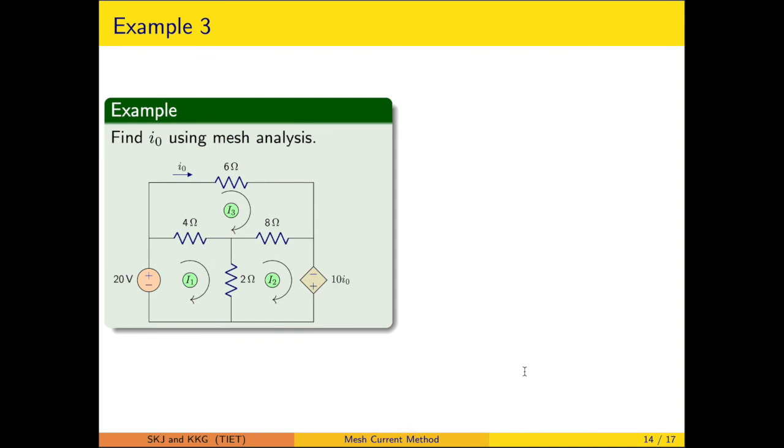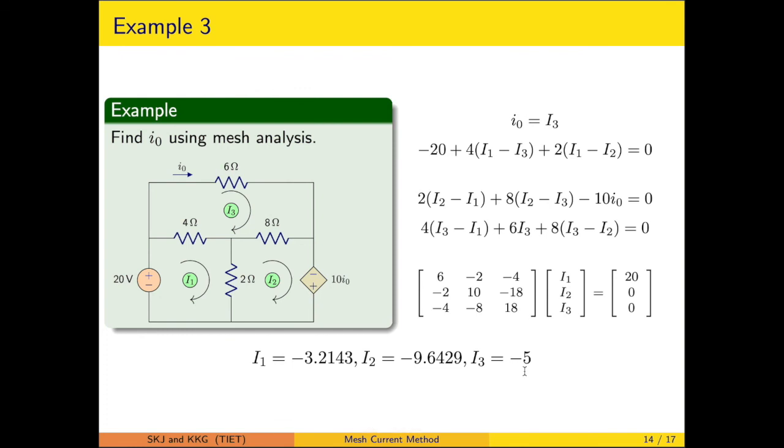This is another example. Again the three mesh equations are to be formed: first mesh equation, second mesh equation, third mesh equation. Here this I0 exactly coincides with I3, which is the mesh current, so that is written.